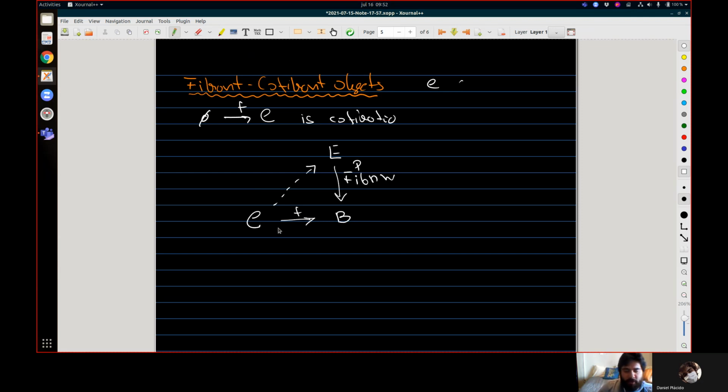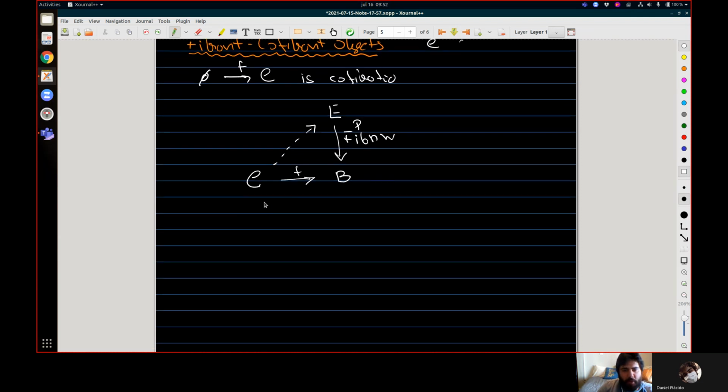Okay, this is actually quite simple to show. First, we have to define this lift.